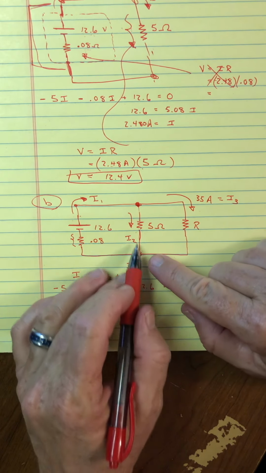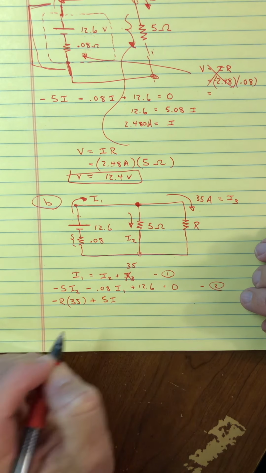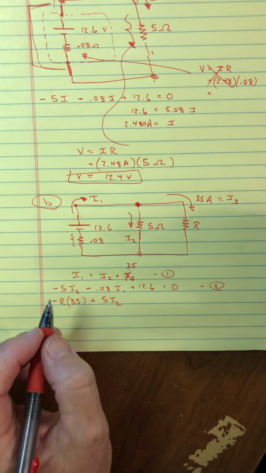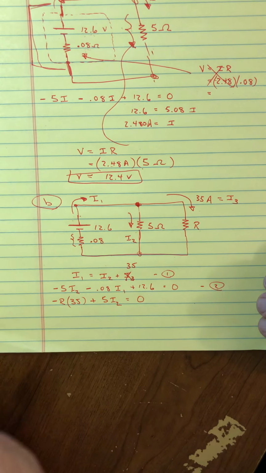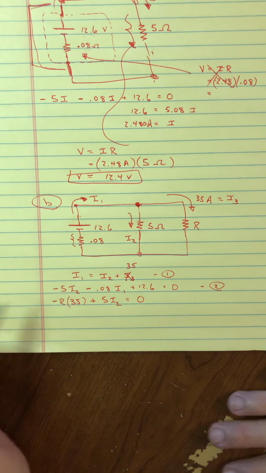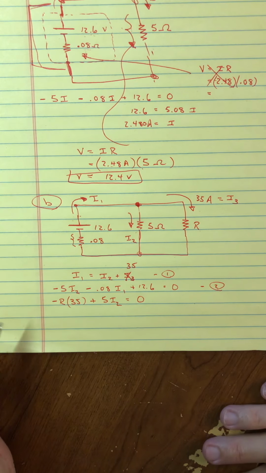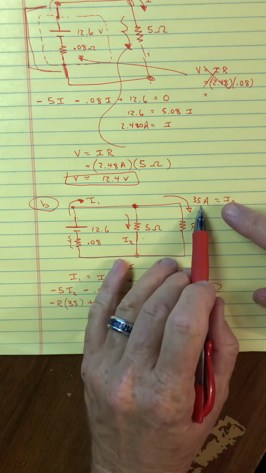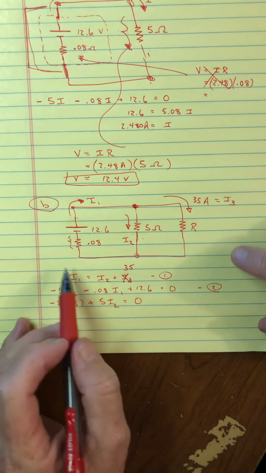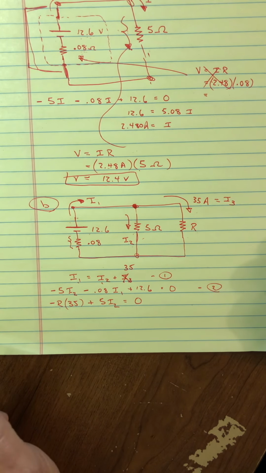And then here we'd go against the current, so it would be a plus 5I2, and that would equal 0, finishing up that loop. And, excuse me, if you look at the math here, we technically have our 3 equations, 3 unknowns. Instead of the 3 unknowns typically being the 3 different unknown currents, here we have one current but don't know the resistance. So we have the unknowns I1, I2, and resistance R.